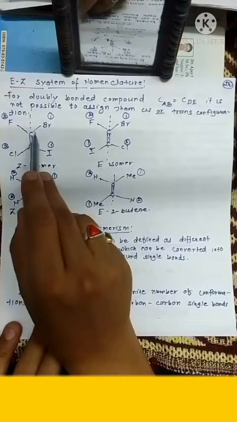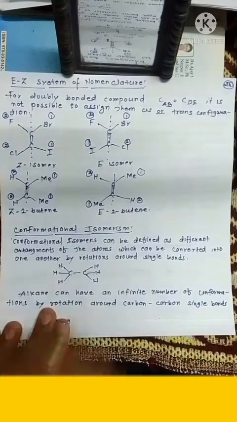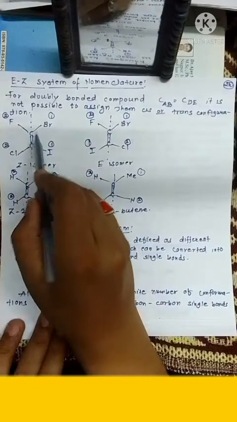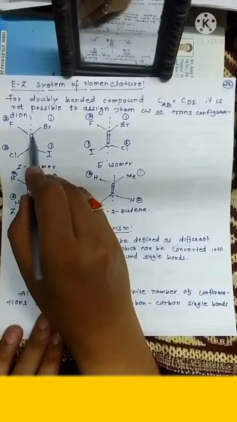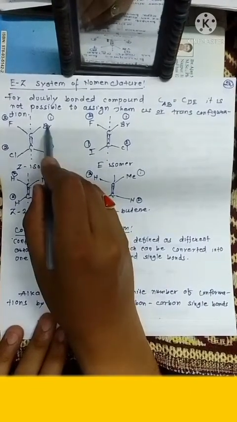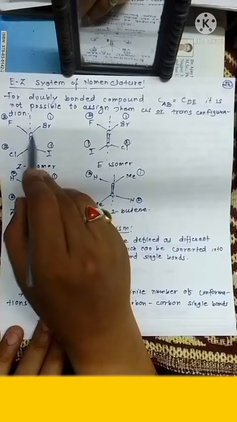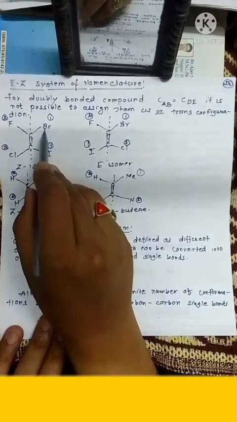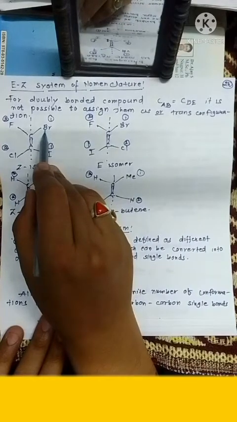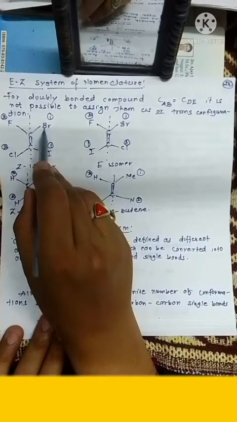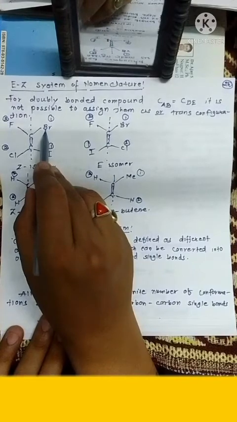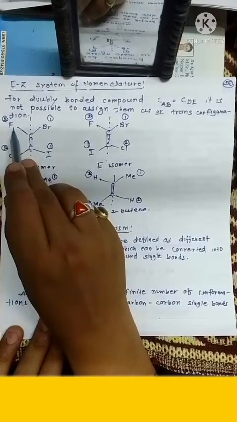So in this case, first give the priority. First select one of the carbon atoms, then give priority to the atoms attached to that carbon atom. Priority is given on the basis of atomic number. So in this case, bromine has higher atomic number as compared to fluorine.